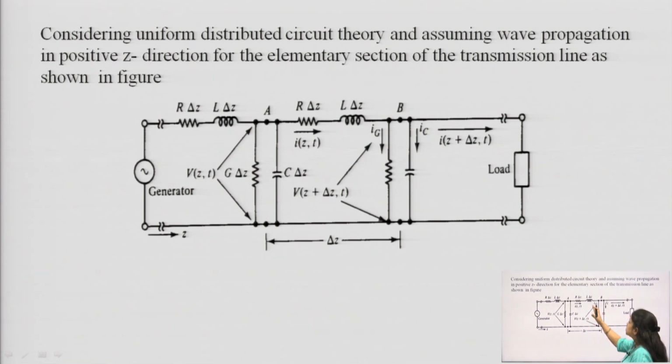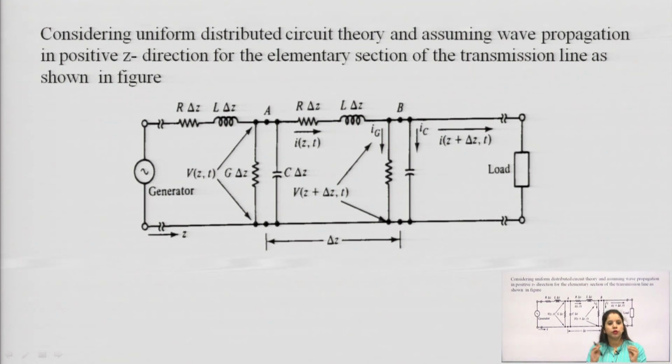Before doing anything, we have to assume something. Here we have assumed that all the distributed circuit elements are uniformly distributed over the complete length. That is why we are able to take a small part of it.